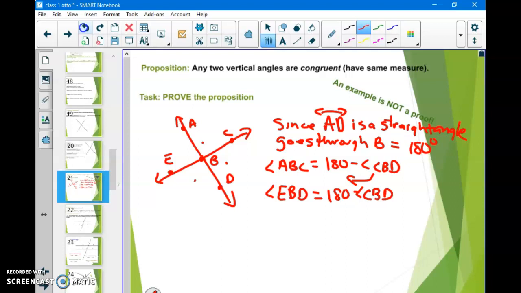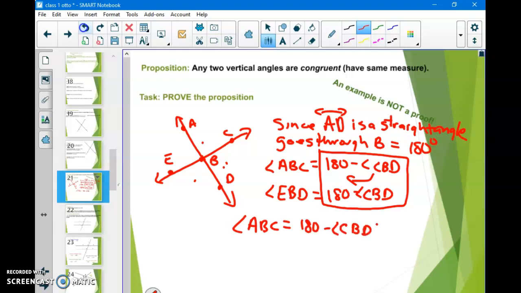I'm saying this angle and this angle also make a straight angle. So, since this part is the same, can I say that angle ABC is equal to 180 minus angle CBD, which is also equal to angle EBD?